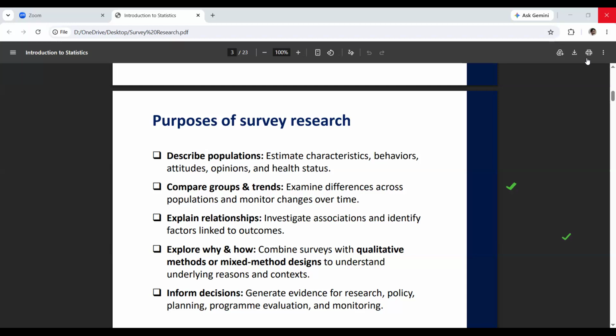Further, by applying advanced statistical techniques, we explain relationships and associations between variables. We have some dependent variables, we have some independent variables, and then we try to get the magnitude and direction of the relationship, the direction of the association.